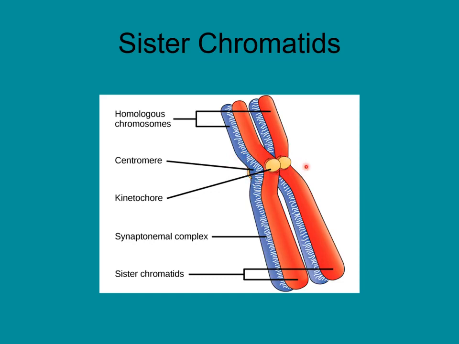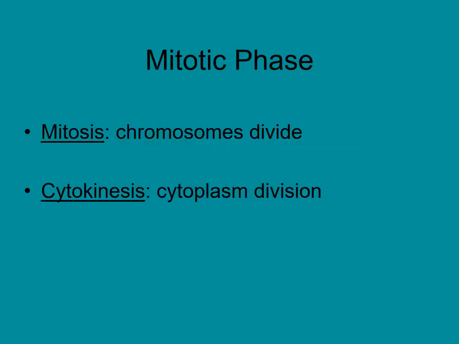It's not quite finished. That area where it's still attached is referred to as the centromere. In the middle of that centromere is a protein called the kinetochore. Now, this is a copy of this strand, so they are referred to as sister chromatids. Some people refer to them as twins.